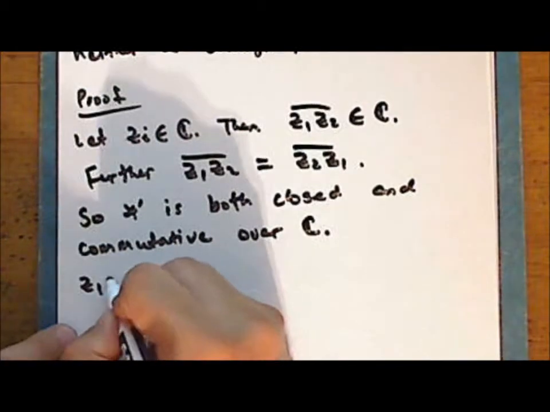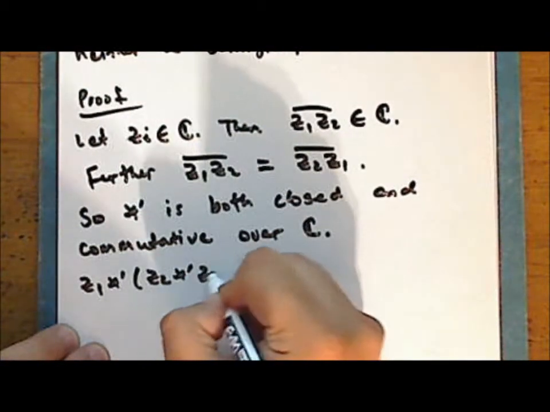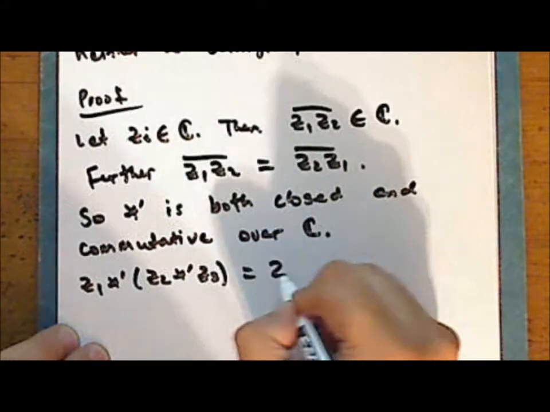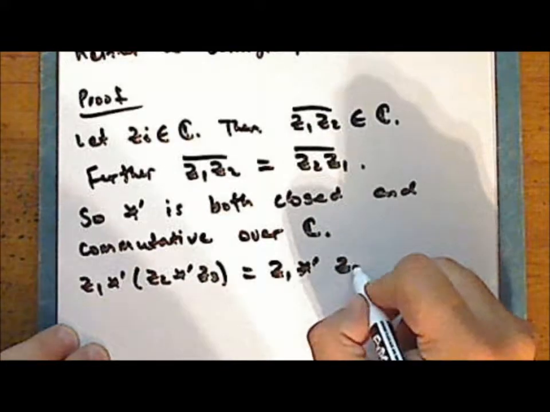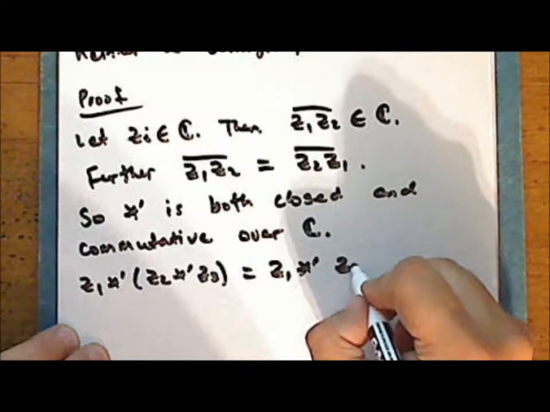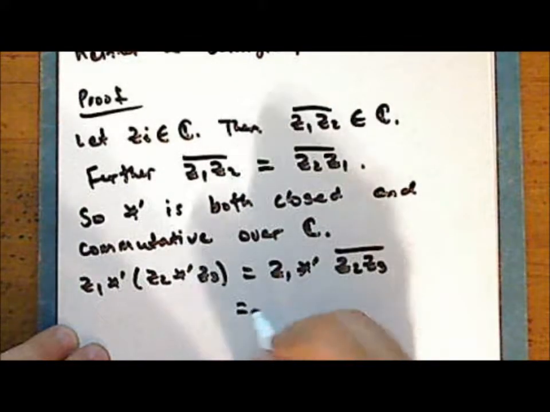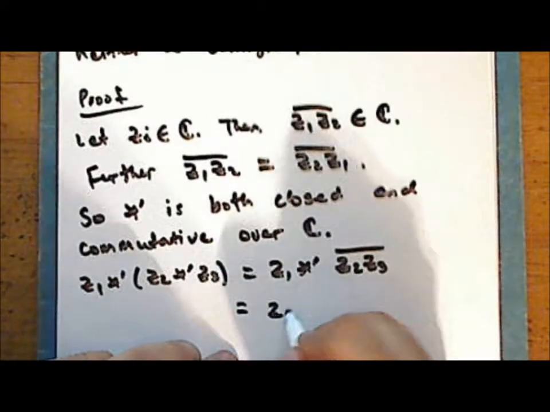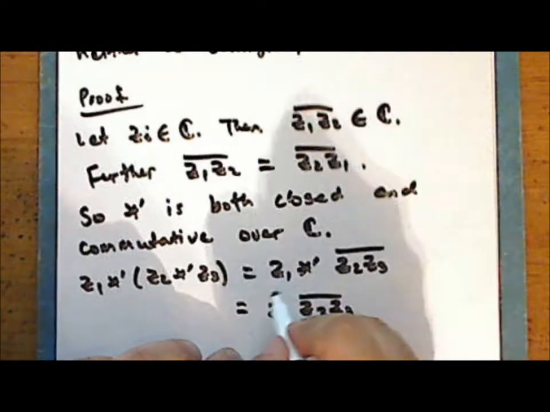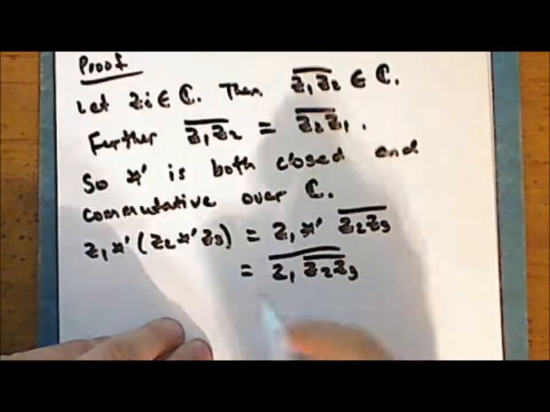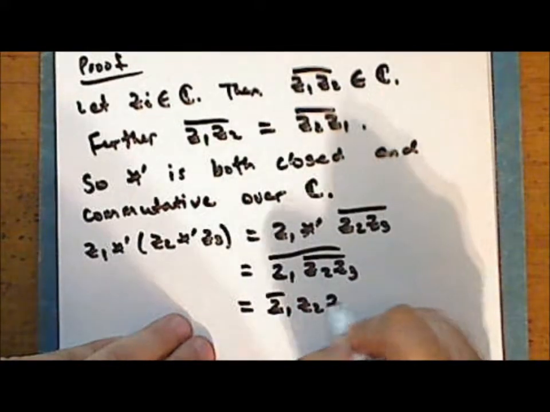Now z1 star prime the quantity z2 star prime z3 is z1 star prime the conjugate of the product z2 z3. This is the conjugate of the product of z1 with the conjugate of the product z2 z3, and so this is the conjugate of z1 times z2 times z3.